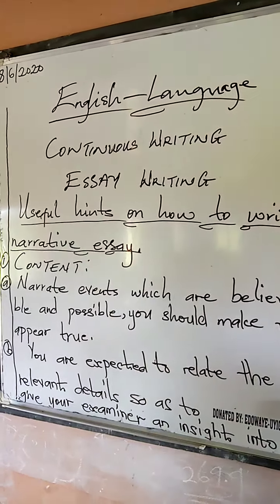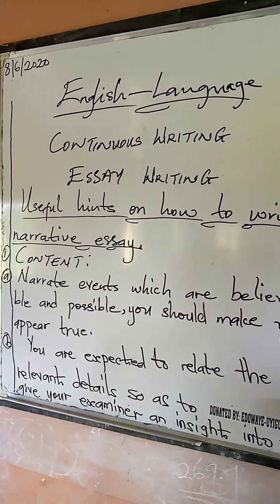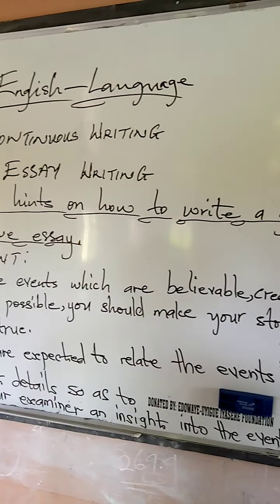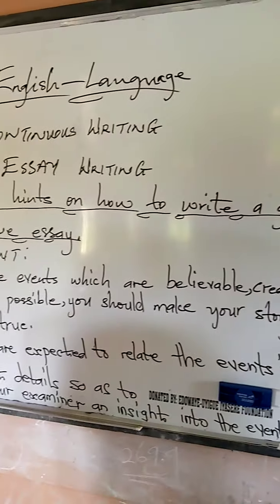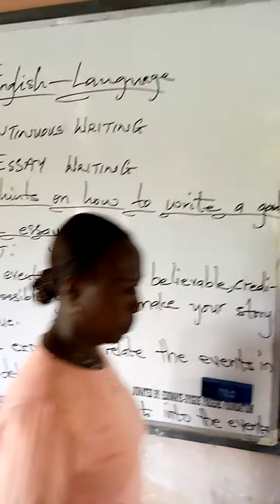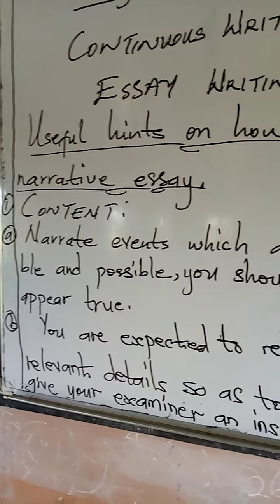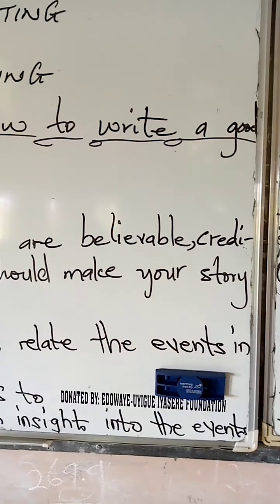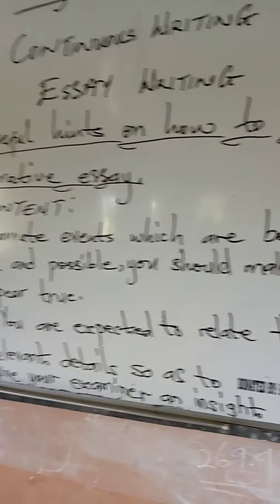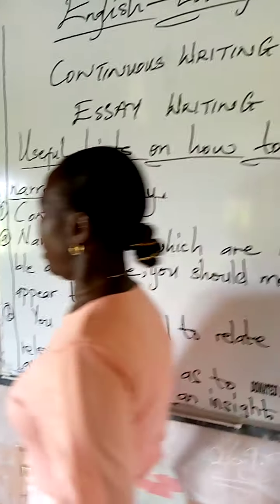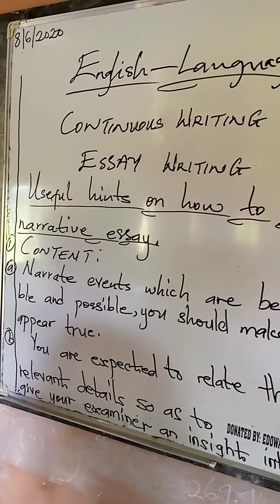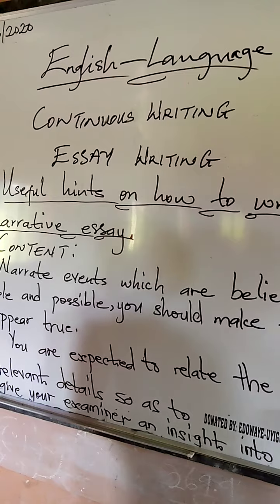You are expected to relate the events in relevant details so as to give your reader an insight into the events. This means that when your reader is reading it, he or she sees himself or herself as present in the scene. It doesn't need a third party to explain to him again.